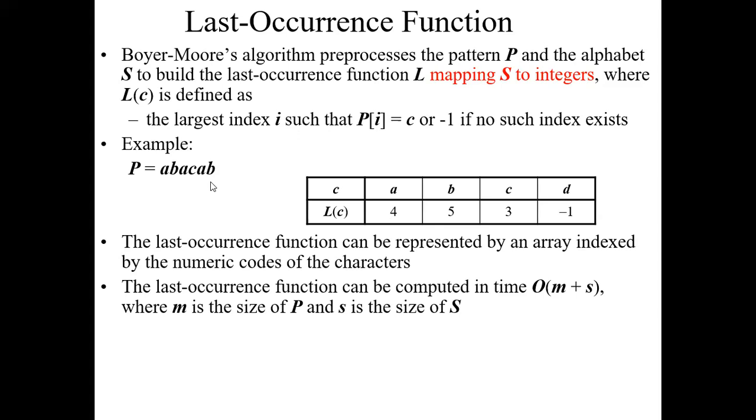So A का largest index क्या होगा? 4. So that is why this LC value becomes 4. Similarly for B, this is 0, 1, 2, 3, 4, 5. This is 5. For C, it is 0, 1, 2, 3. We write it 3. And for any other character, जो pattern में नहीं है लेकिन text में हो सकता है, for that my last occurrence value will be -1 because my index was beginning with 0. So that is why I initialize this as -1. Okay, this much is clear?